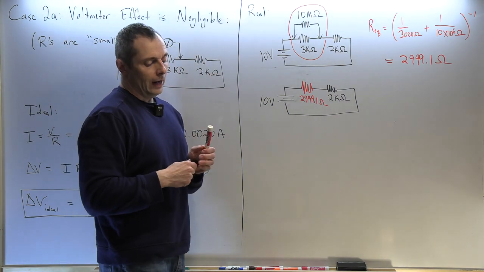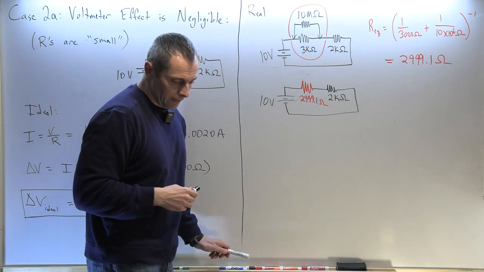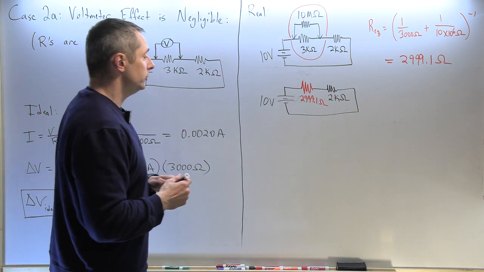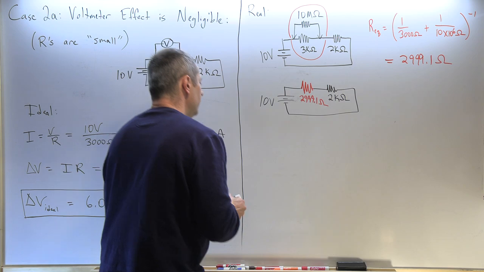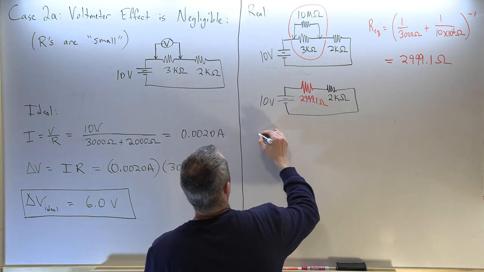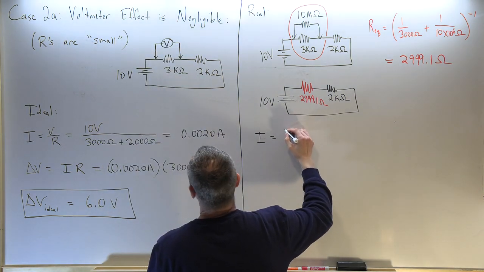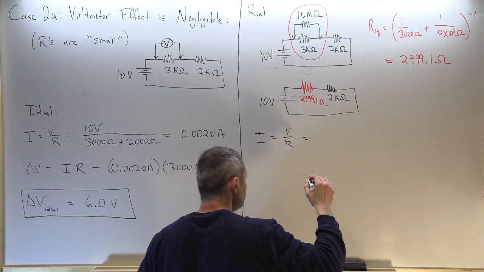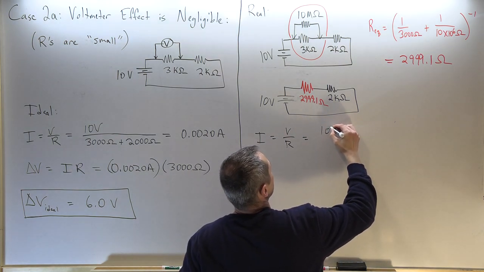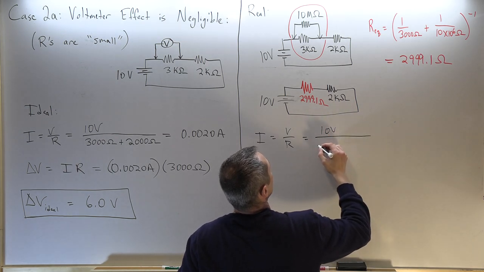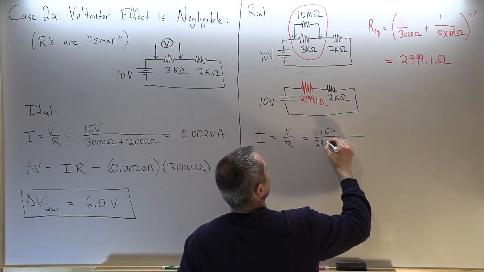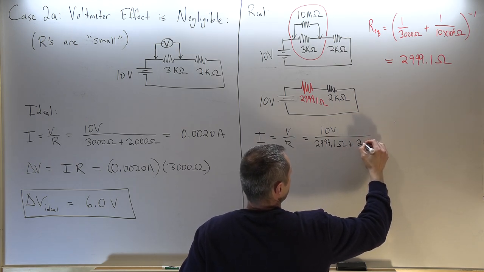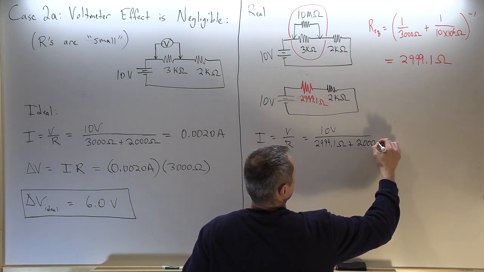Now we can finally figure out the current and then the voltage, following this similar pattern where we say I equals V over R. In other words, we got 10 volts all over 2,999.1 ohms plus 2,000 ohms.